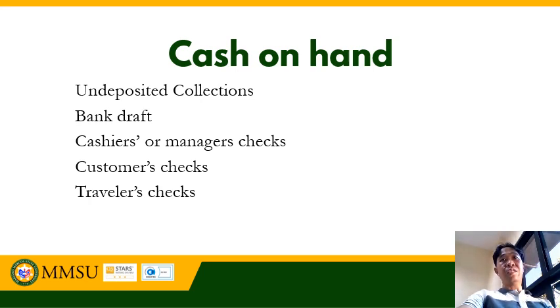PAS 1 indicates that cash and cash equivalents is the minimum line item that should be presented in the statement of financial position. Okay, so it includes cash on hand, which may be undeposited collections, bank drafts, cashiers' or managers' checks, customers' checks, and travelers' checks.